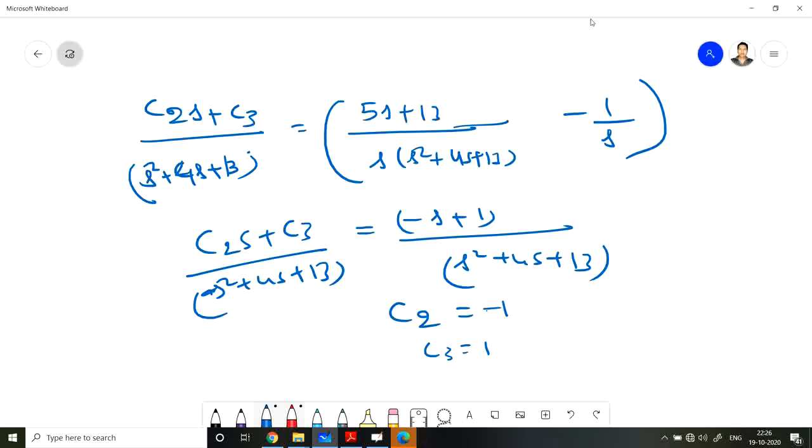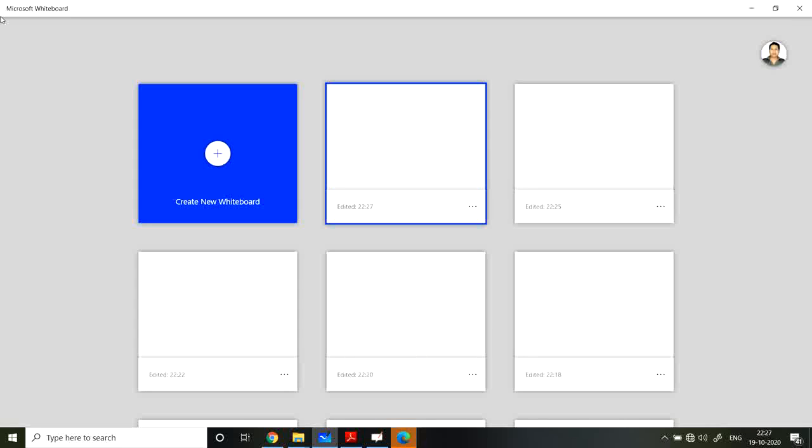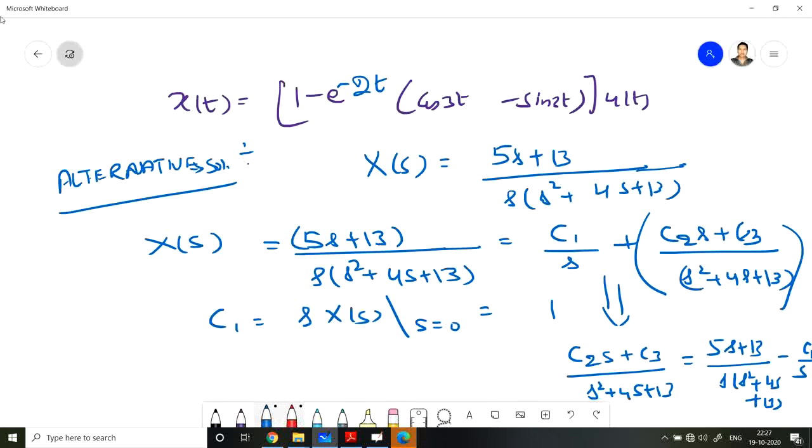So finally we will get X(s). So what is X(s)? X(s) is nothing but c1 divided by s plus this term. So c1 we are getting is 1, c2 we are getting is minus 1, and c3 we are getting is 3.